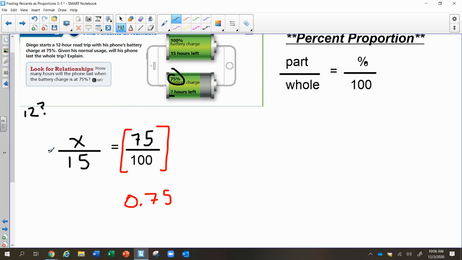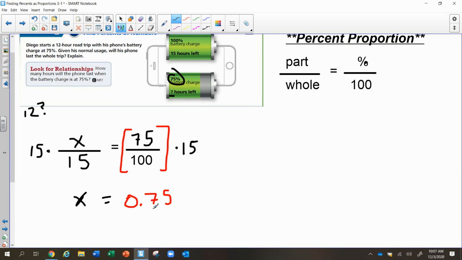I'm going to multiply by 15. And when we're working with equations, we have to do the same thing to both sides. So what happens when I divide 15 by 15? I'm just left with 1. So 15 divided by 15 is 1, and 1 times x is just x. So I've isolated this variable.